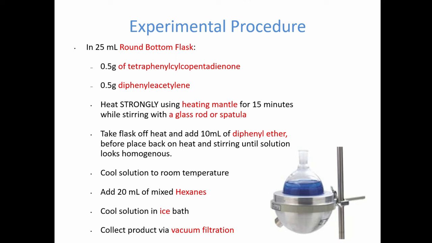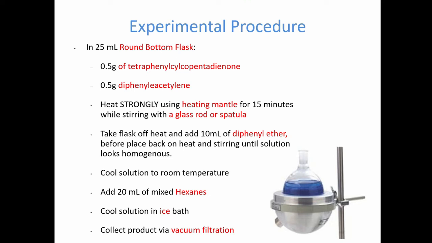Once the solution becomes homogeneous, you allow the solution to cool to about room temperature before you add the 20 milliliters of mixed hexanes. It's the same thing: these mixed hexanes can burst into flames if the flask is too hot. For this one, though, we have to cool it quite a bit to room temperature, or else the hexanes will combust.